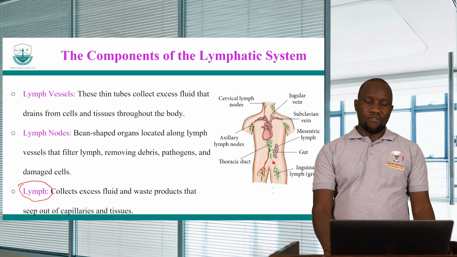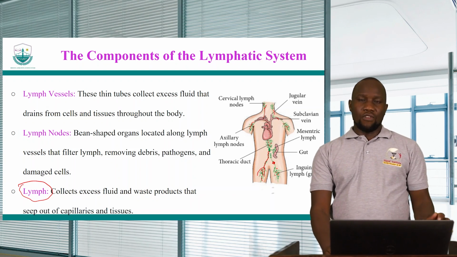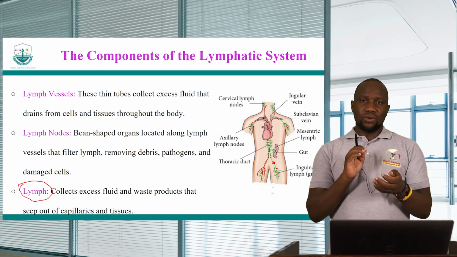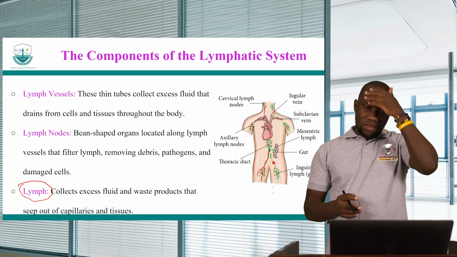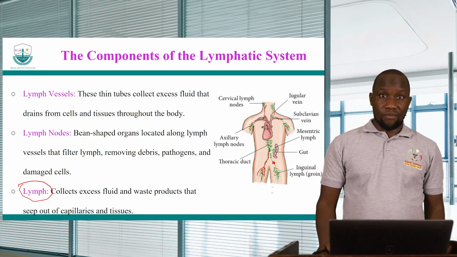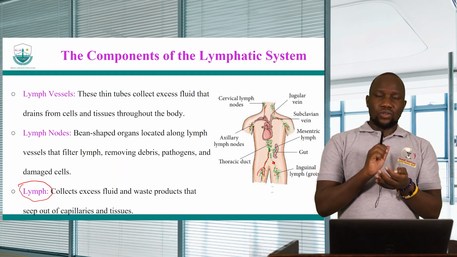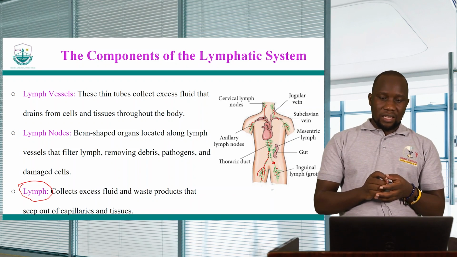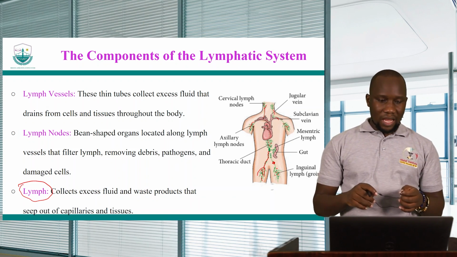They are found along the lymph vessels, and they contribute towards filtering foreign bodies, destroying pathogens, and removing damaged cells from the lymph. Okay, so they act as sieves. They make sure that those things that are not needed are contained, and pathogens are destroyed or neutralized, and the same happens to other debris and damaged cells generally.